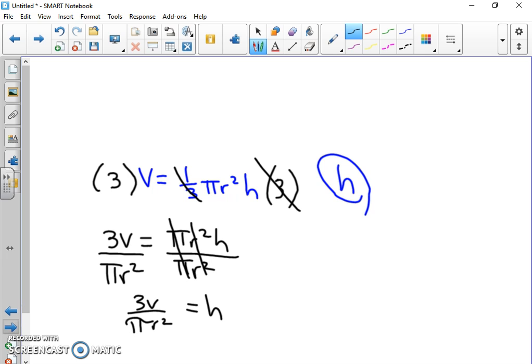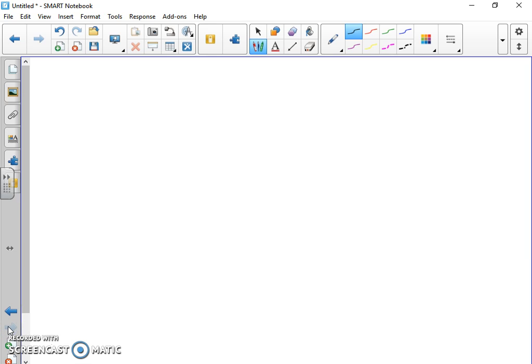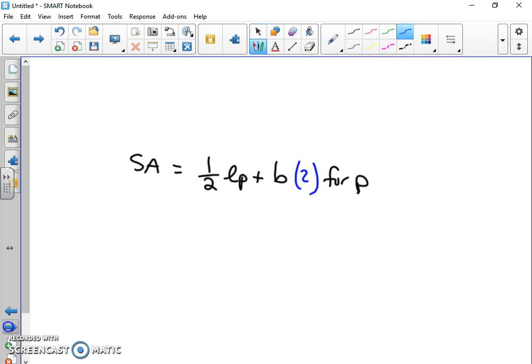Okay. Let's try another one. Surface area equals 1/2 LP plus B. All right, and this one we're going to solve for P. So again, we want to get rid of that fraction, so let's multiply both sides by 2.